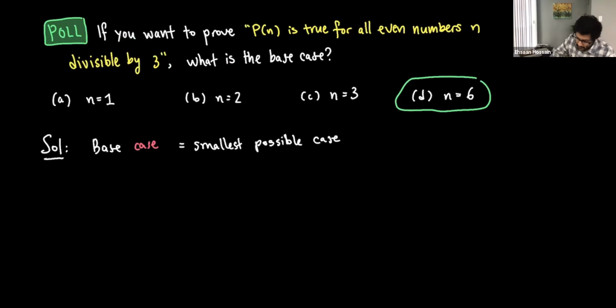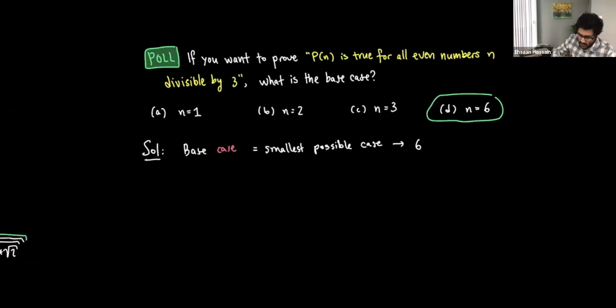That's 6, right? Isn't that just the same as all multiples of 6? Yeah, I think it is. Saying an even number divisible by 3 is just saying a number divisible by 2 and 3, which is the same as saying you're divisible by 6. Okay, so it's all good. That's what you do.